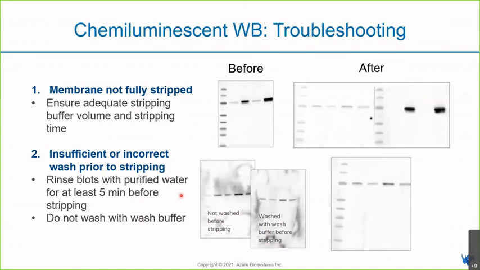To do the stripping and reprobe process, firstly, rinse the blot with purified water for at least 5 minutes before the strip and reprobe process. And do not use wash buffer containing Tween to wash off the ECL substrate. If you do the washing and strip and reprobe process properly, then you should get a clean and nice image for the second image you take.